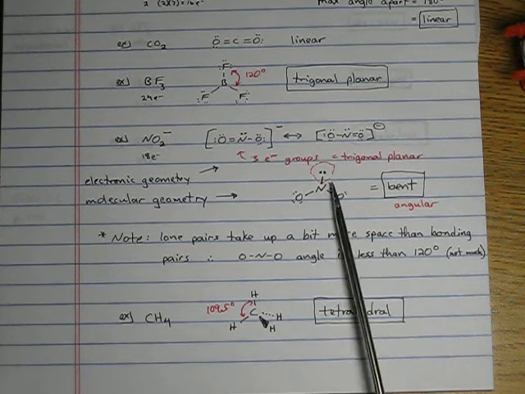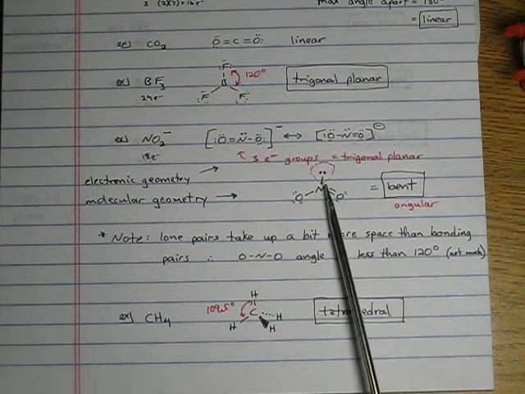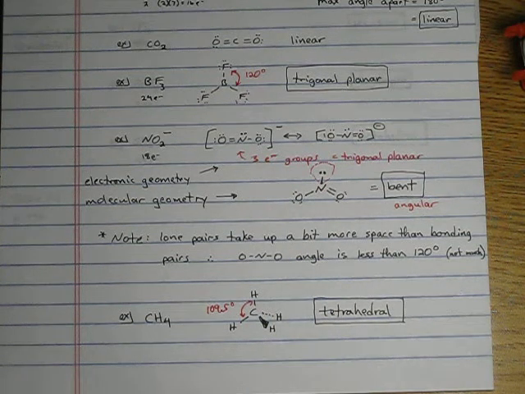Truthfully, with 120 degree angles, there's very little difference between the molecular geometry angle, maybe 118 versus 120. So there's very little issue when you're looking at these trigonal planar based geometries such as bent, but we're going to find with other molecules it gets a little bit more pronounced.